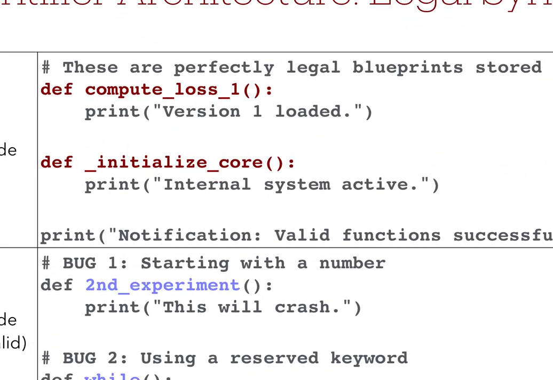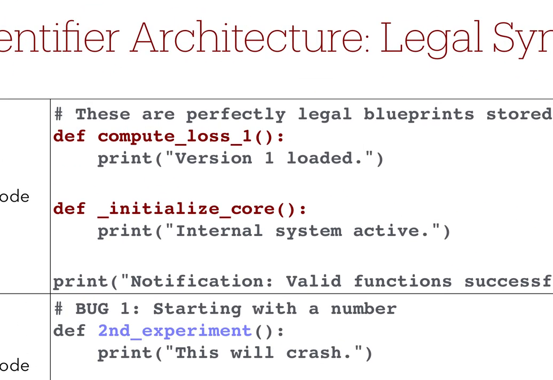For example, this is one of the proper names. The first letter is a C, and the names consist of the underscore, letters, and some numeric integers. The name of the function may start with an underscore.